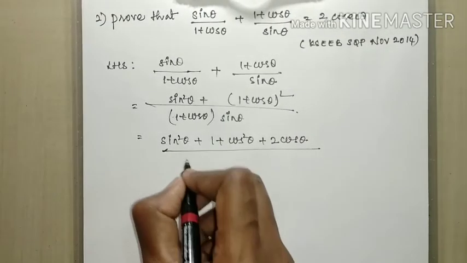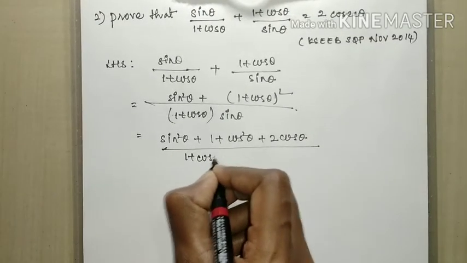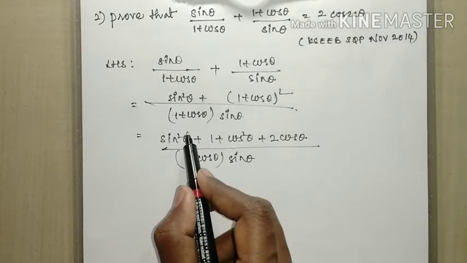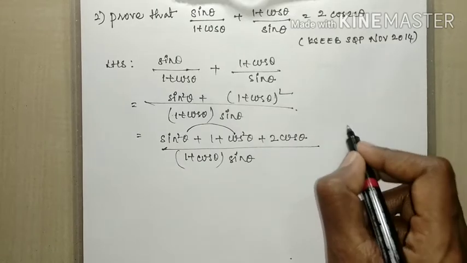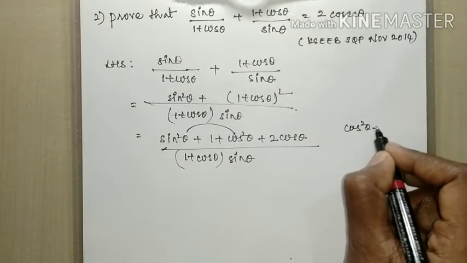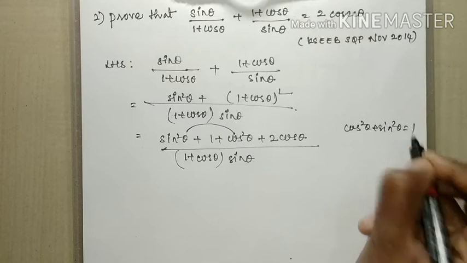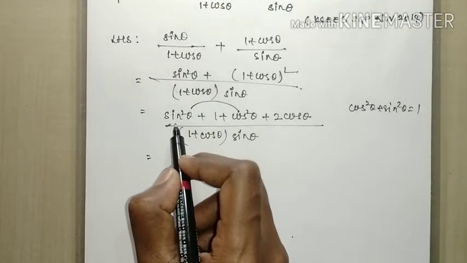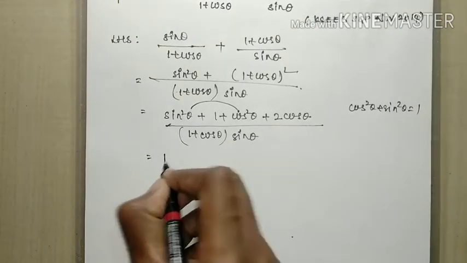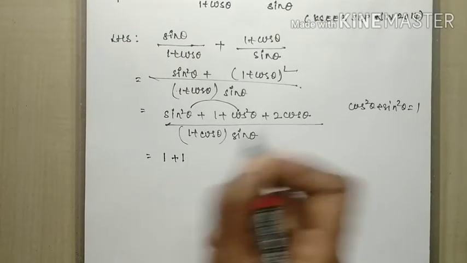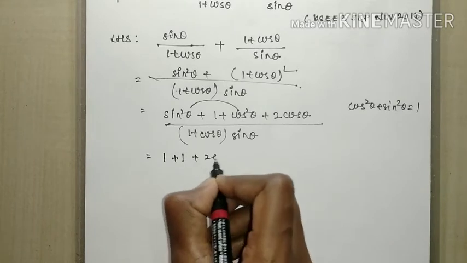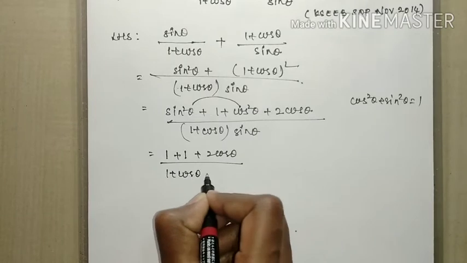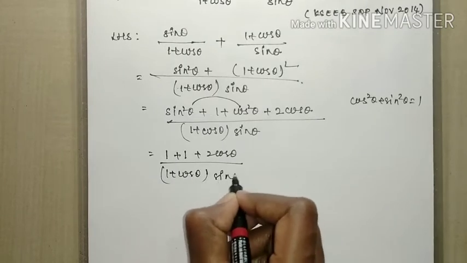The remaining denominator is 1 plus cos theta into sin theta. Now here sin square theta plus cos square theta is 1. So instead of sin square theta plus cos square theta, I can write 1, and write the rest as it is, plus 2 cos theta, divided by 1 plus cos theta into sin theta.